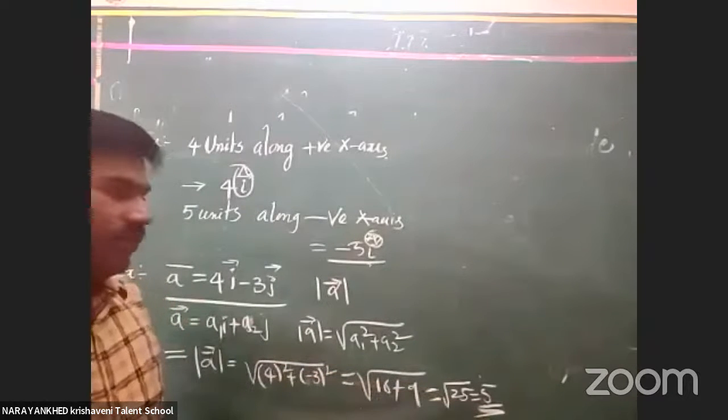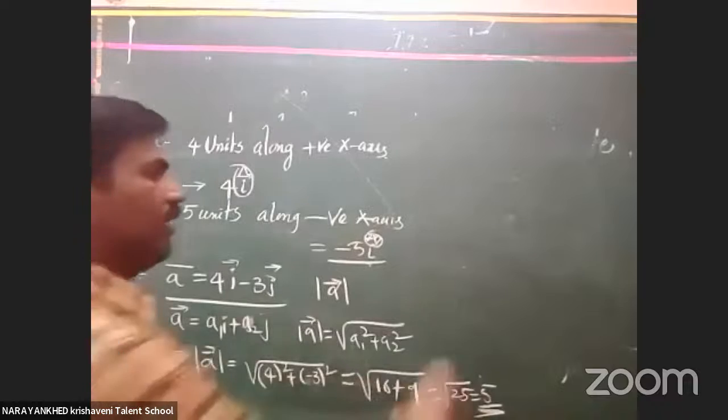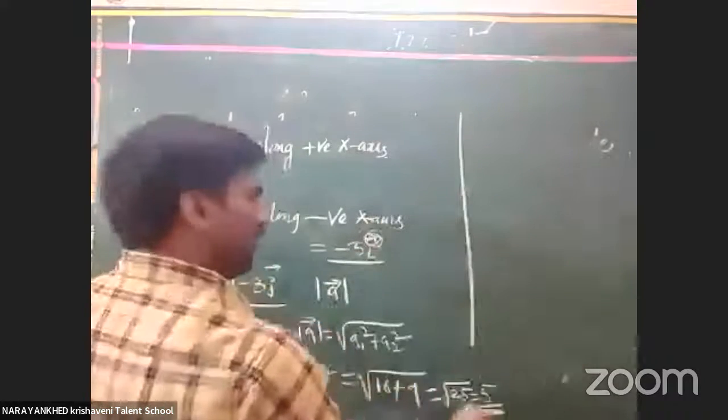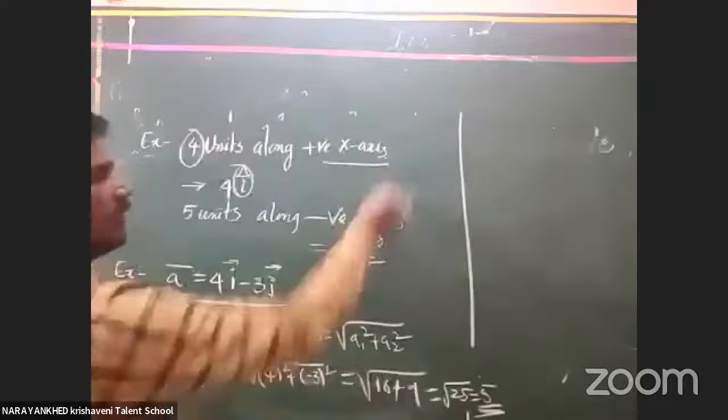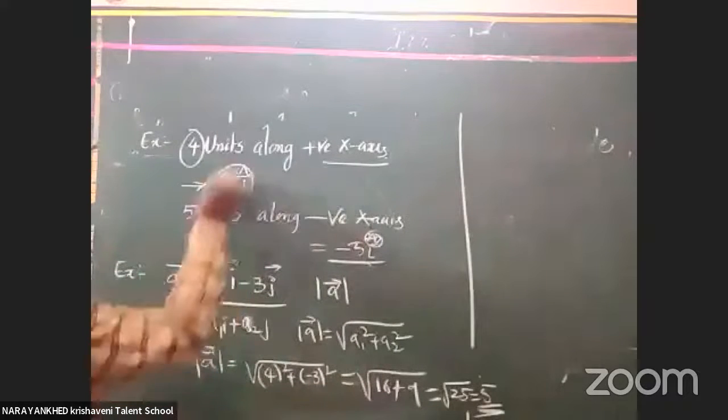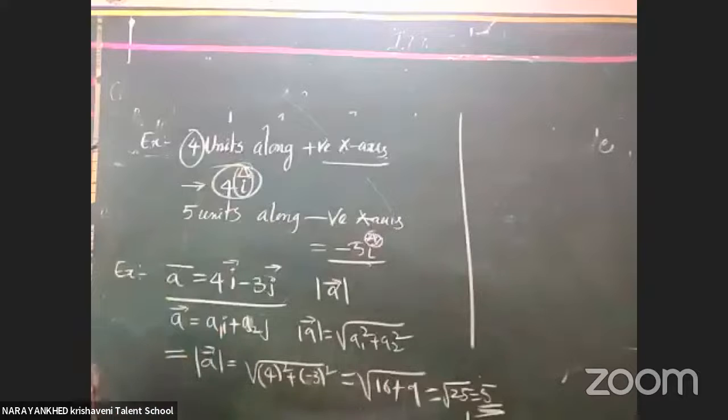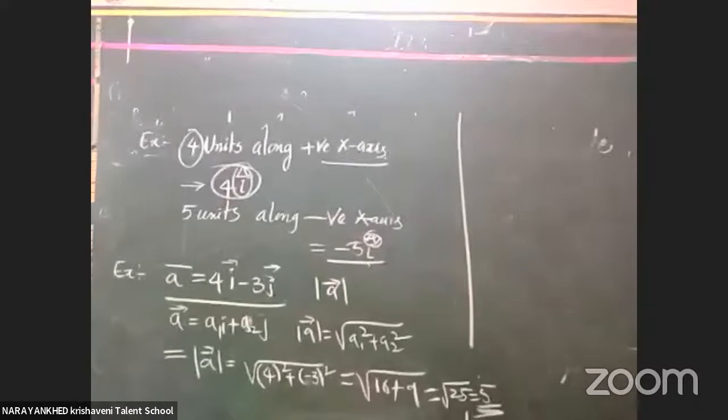This is finding the modulus, and also how to write the vector when the magnitude and axis are given. These are the examples given. Please note down.